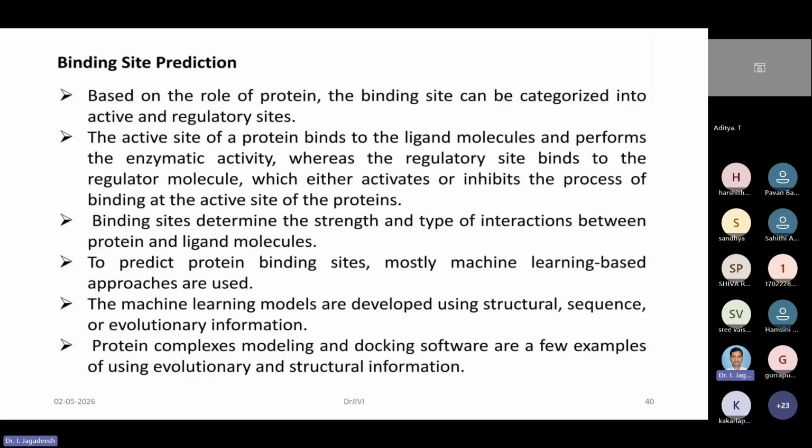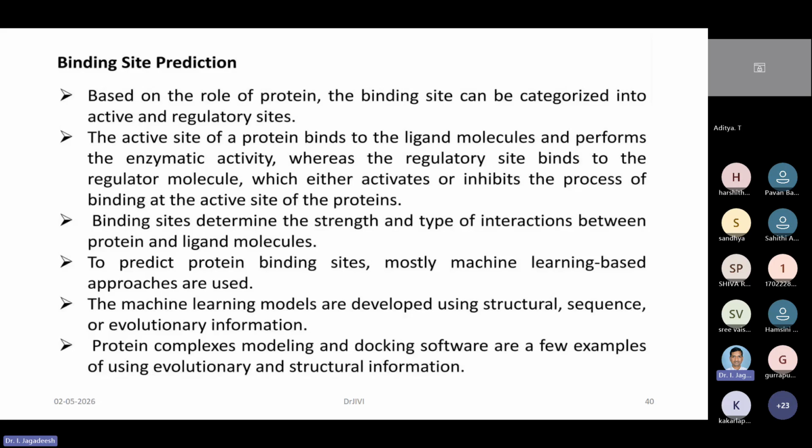So to predict the protein binding sites, most machine learning based approaches are used because we have these active sites which can be predicted by AlphaFold, and what the pocket is exposed to have, which amino acid is exposed, and what is its functional group, we can easily find out, and we can predict what is the corresponding group in the molecule of a drug which is going to have an interaction.